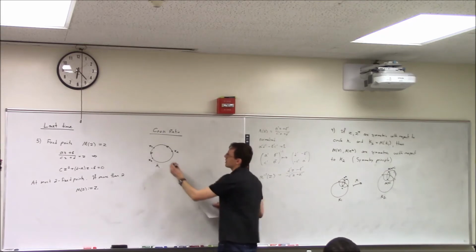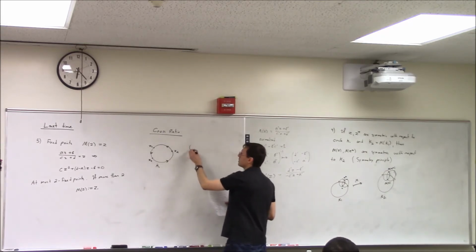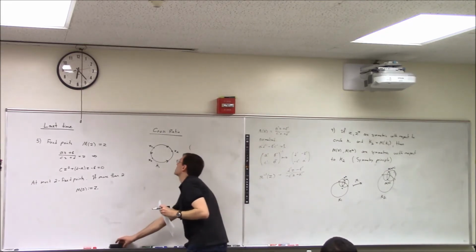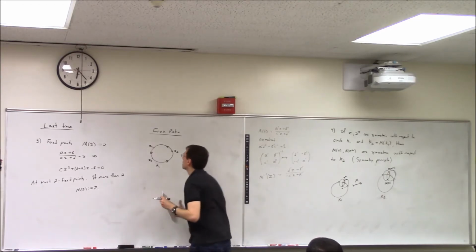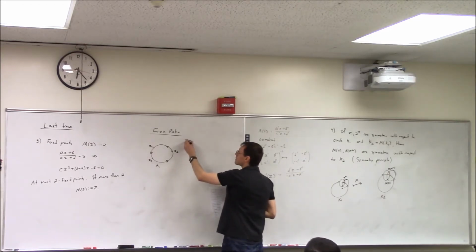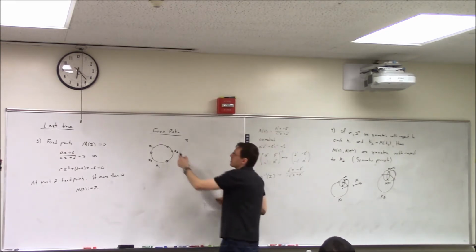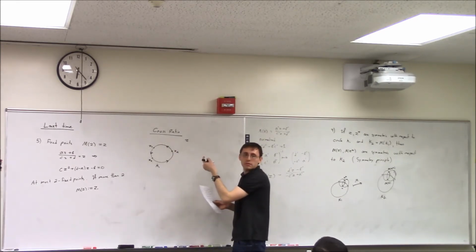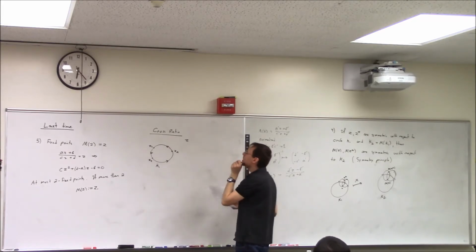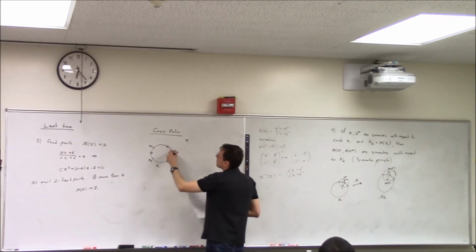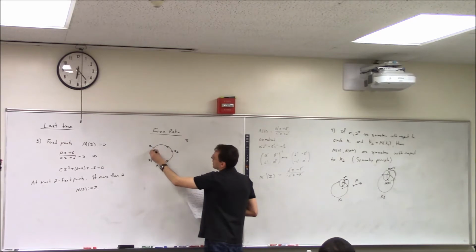So that's called orientation. Orientation is telling you how you're walking. You say counterclockwise or clockwise, but you can indicate it by 3 points.